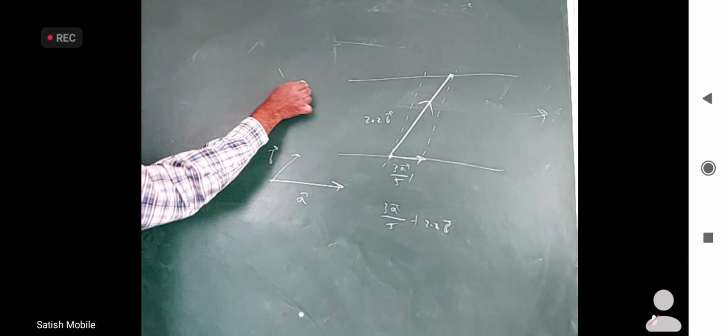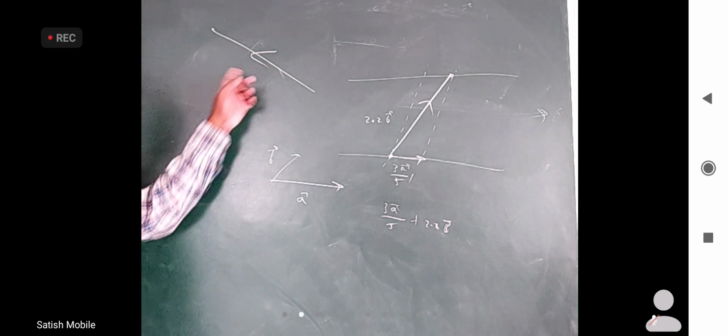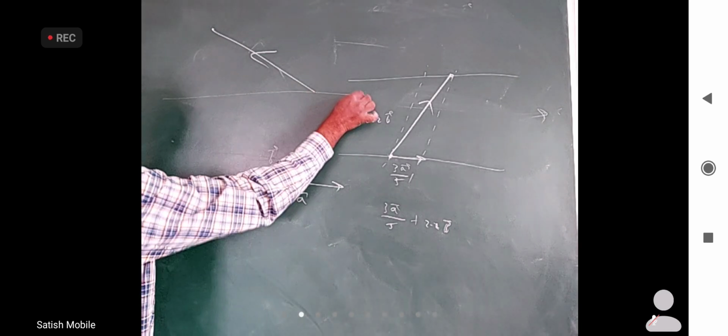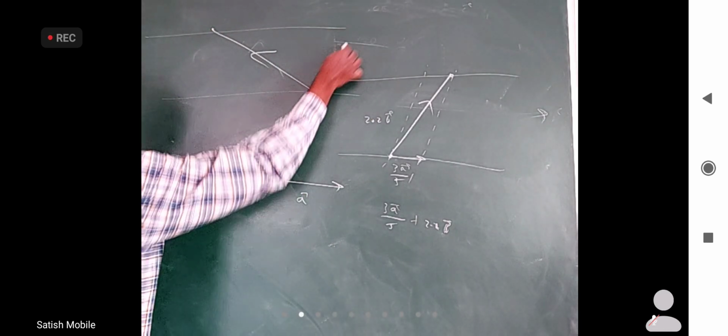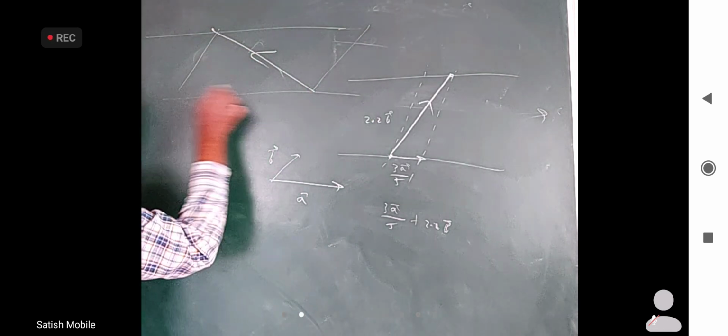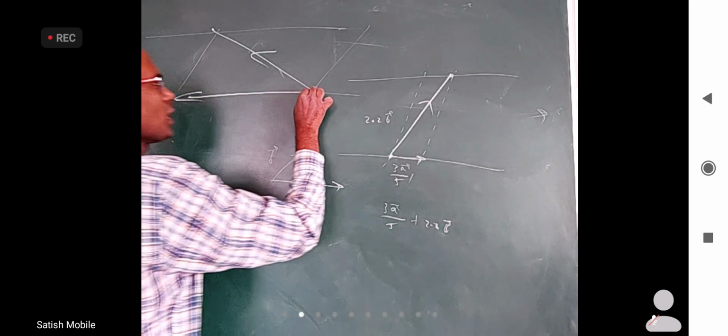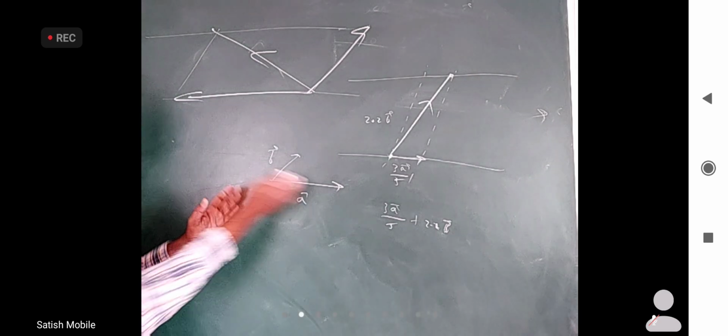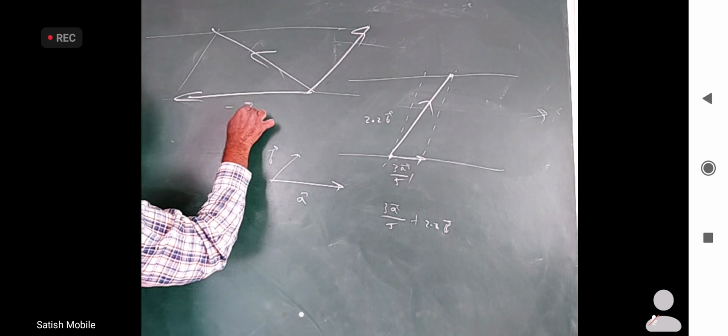If somebody says express this vector in terms of a and b, no problem. Parallel to a bar, draw 2 lines here. Parallel to b bar, draw 2 lines. Identify this vector in terms of a bar, this vector in terms of b bar, add them, we will get this vector. What is this vector in terms of a bar? Reverse direction, so maybe it is minus 3a bar.